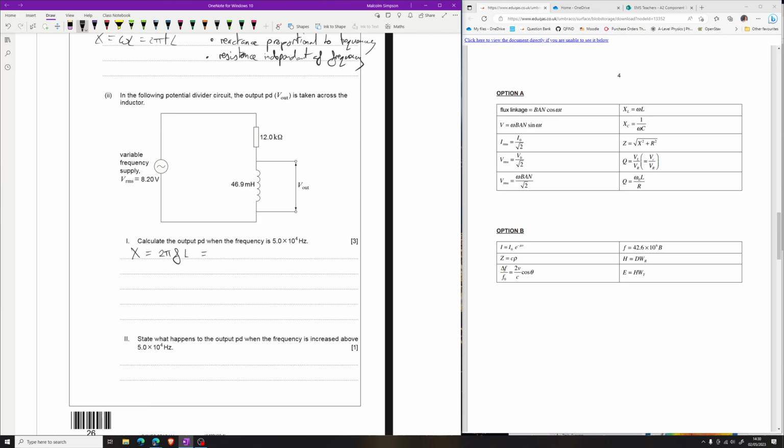So we are 2 pi times 5 times 10 to the 4 multiplied by 46.9 times 10 to the minus 3. Let's chuck that in.